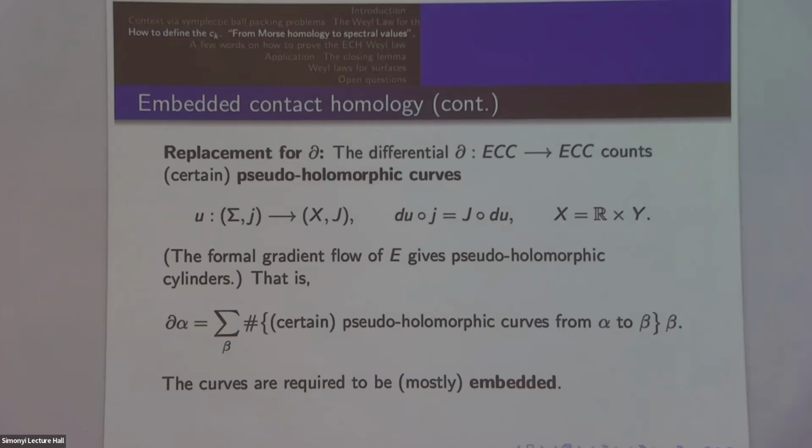That's a nice thing to do in dimension 4, but it's not a very good idea in higher dimensions because generically all the curves are embedded, since you have some two-dimensional thing in a 6-manifold. So you get something quite interesting in dimension 4 this way. It's a little subtle how you set it up, but it's not clear what the proper generalization to higher dimensions should be, and it's not clear what the Weyl law should be in higher dimensions. Okay, are there any questions about that?